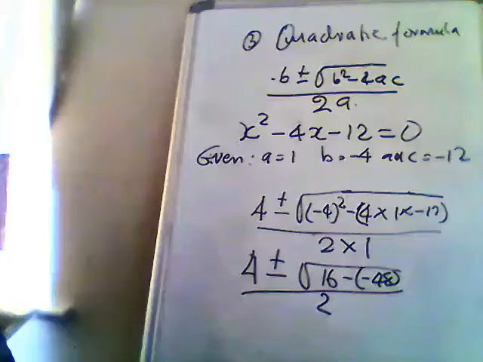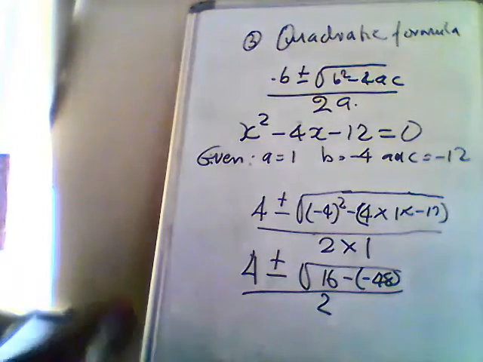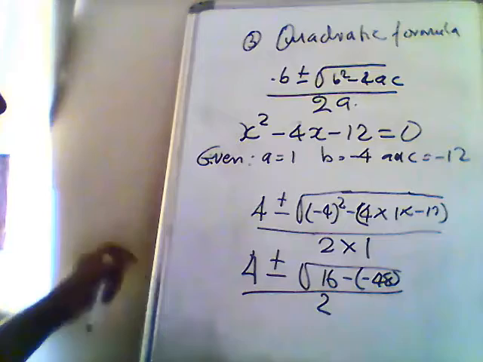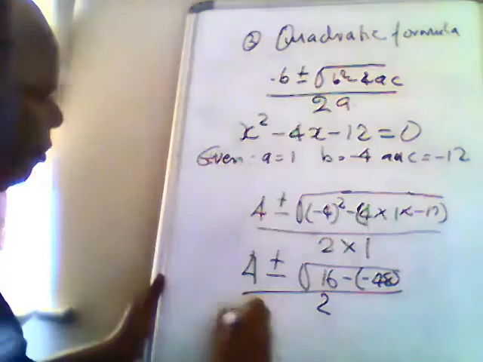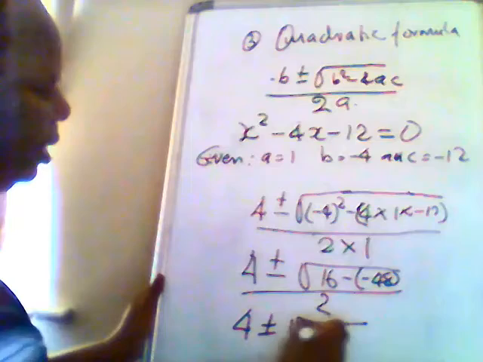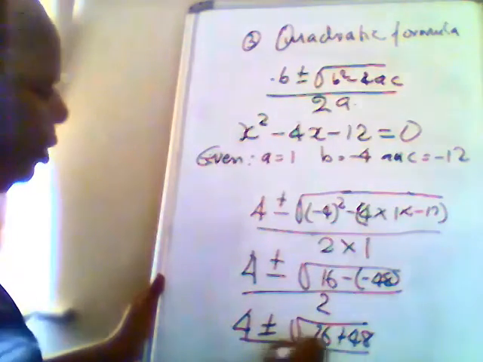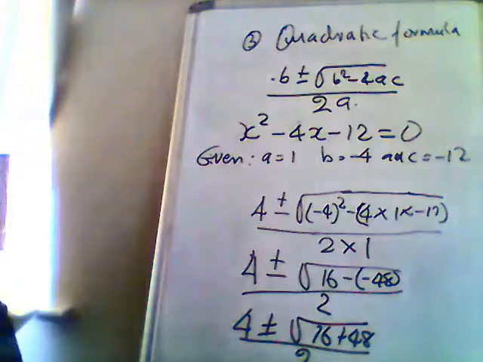So I'm going to have minus minus, hopefully that is correct. So what I have is 4 plus or minus the square root of 16 plus 48, over 2.